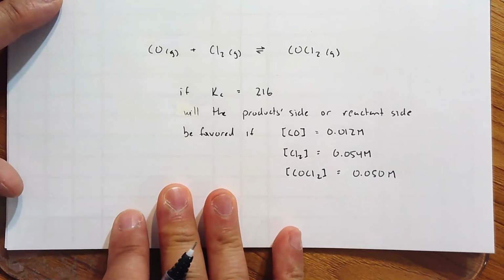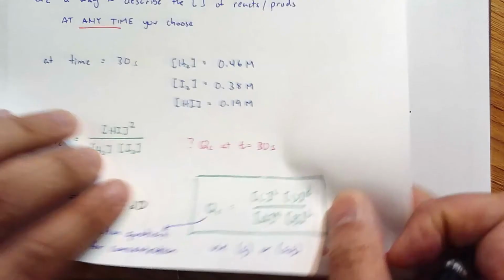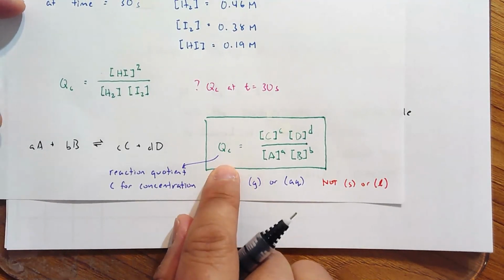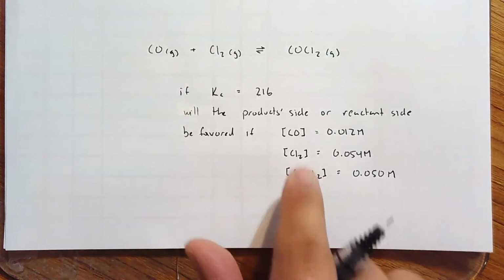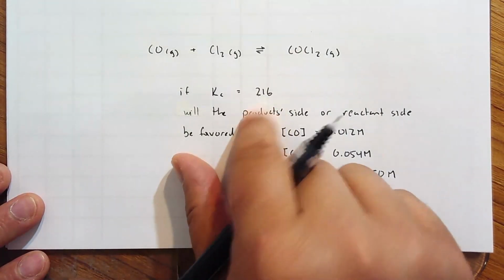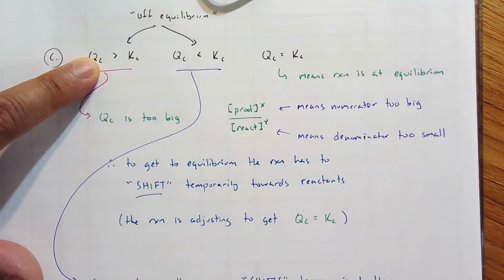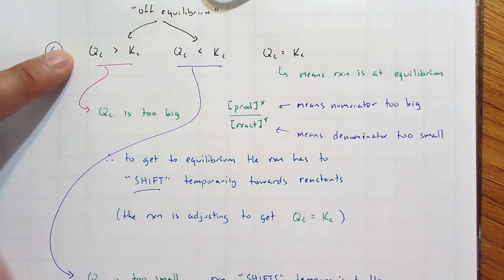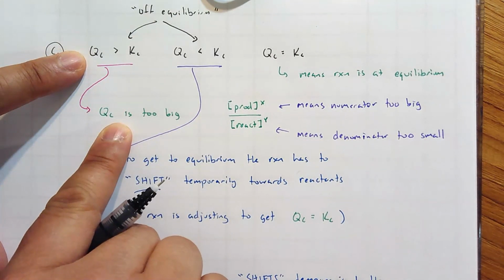But you would want to figure out Qc, and you would decide, is that Qc greater than, less than, or equal to Kc? And if Qc is too big, you need to favor the reactants.